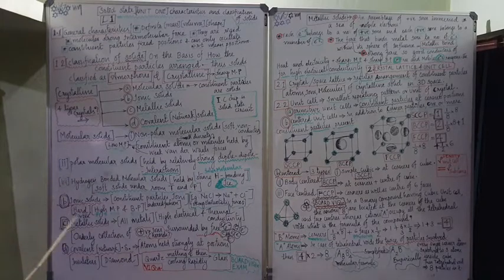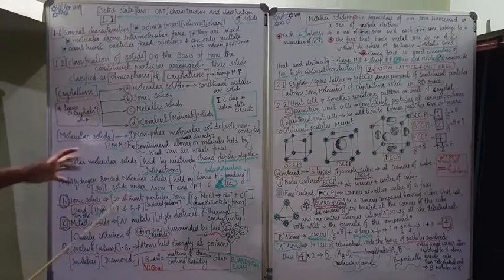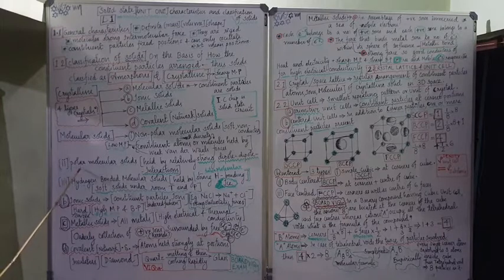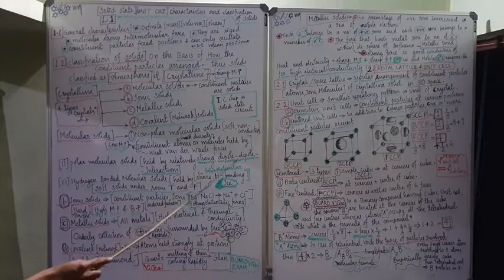Then polar molecular solids. Polar here does not mean north pole or south pole, as I said earlier. It is not of a magnet or something, but positive and negative. Here the molecules have polarity, the charge polarity. They are held by relatively strong dipole-dipole interaction. What is a dipole?